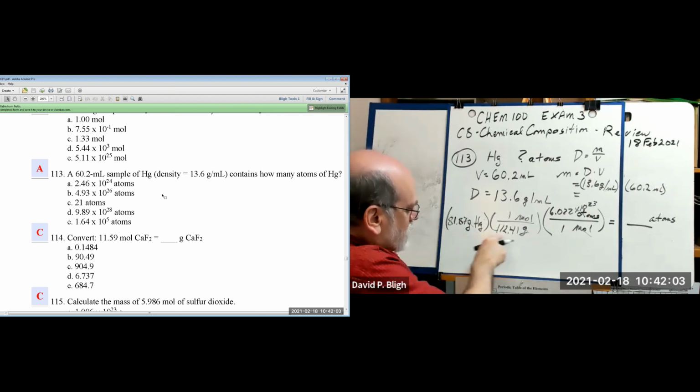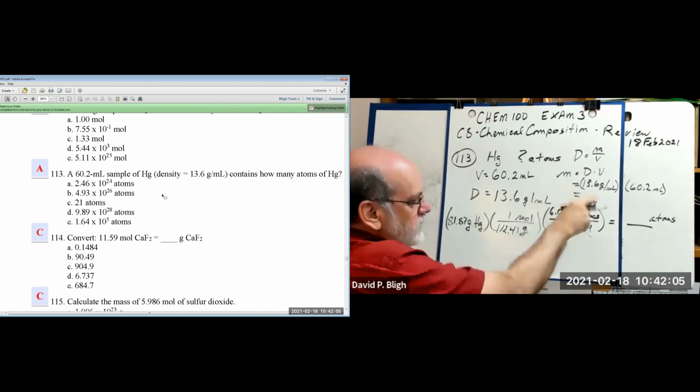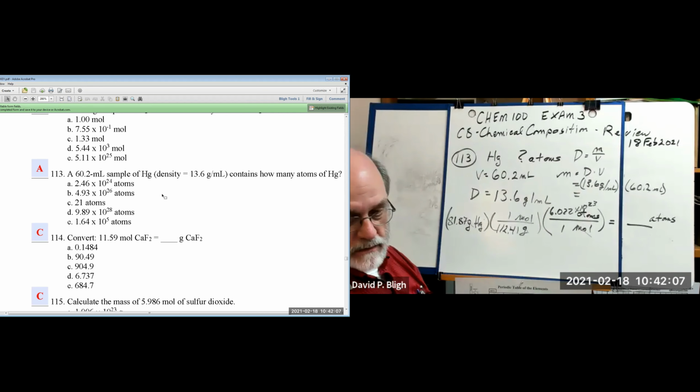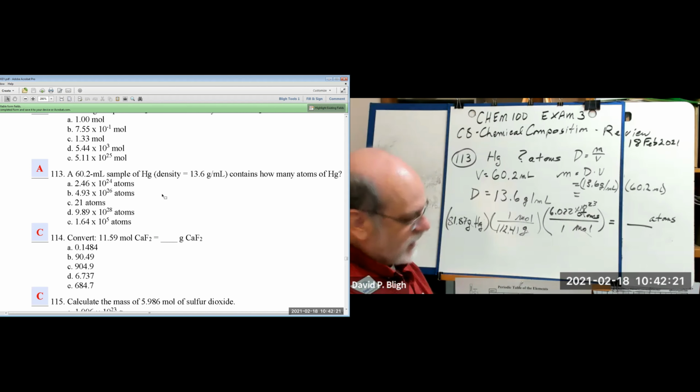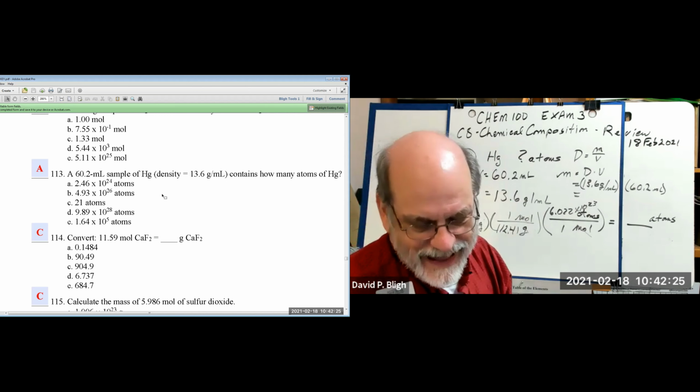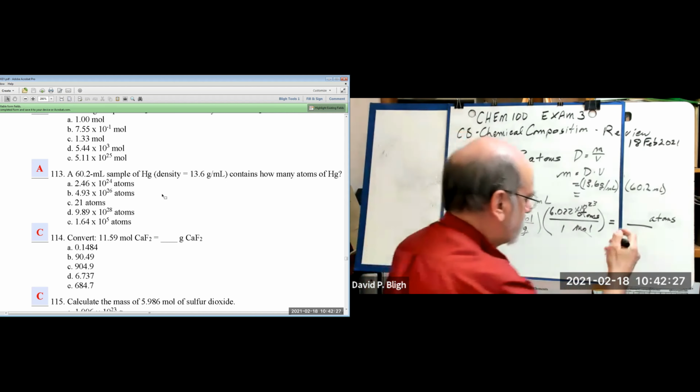So now we take this one, divide by that one, multiply by this one, and we got our answer. So 112.41 divided into that, and then 6.022 exponent 23 times that, and I get, rounded off to 3 places, 4.39 times 10 to the 24th.